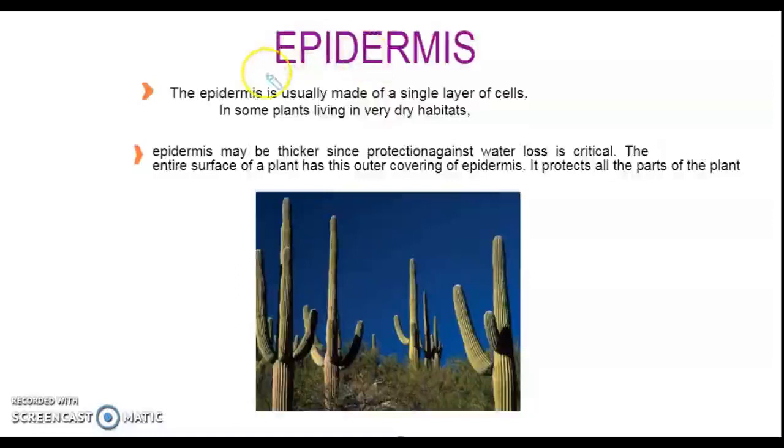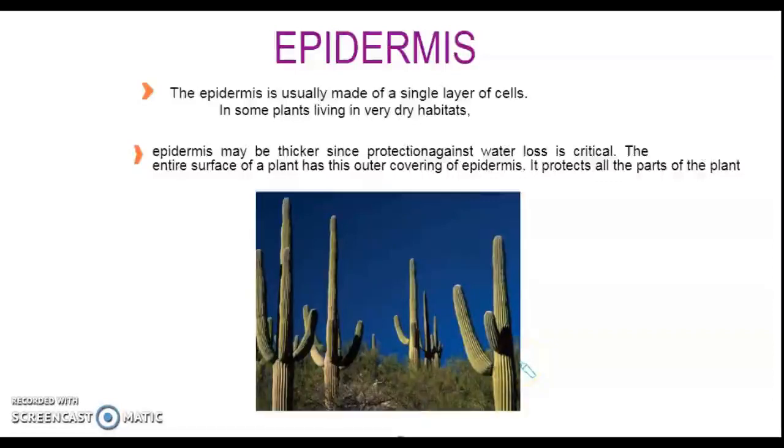Now, the last topic is epidermis. What is epidermis? The outer covering of the plant that you observe is known as the epidermis. It's like a layer over the plant. So, why is this epidermis important? It helps the plant with water loss.